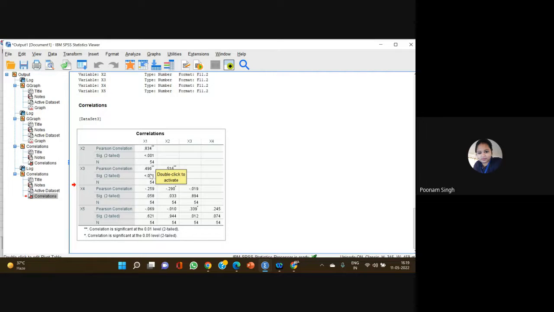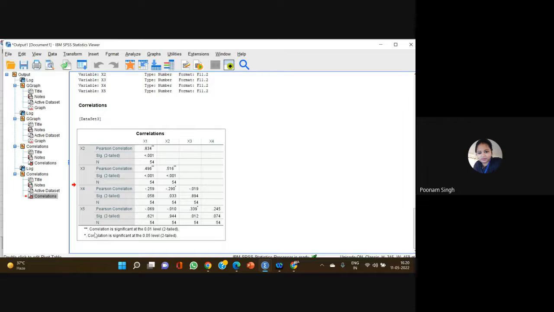x3 and x1 0.496, x3 and x2 0.516, significant. Now we will see where it is not significant. Here, you see there is no asterisk sign.